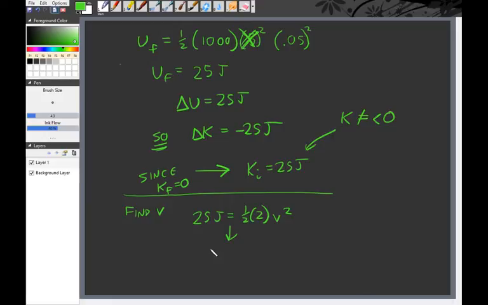Do some algebra here, and we get V is equal to 5 meters per second. Look at that. So again, the energy part of this is very common sense. We find out the change of energy, and we know the change of energy for potential has to be equal to the change of kinetic energy, just the opposite sign.